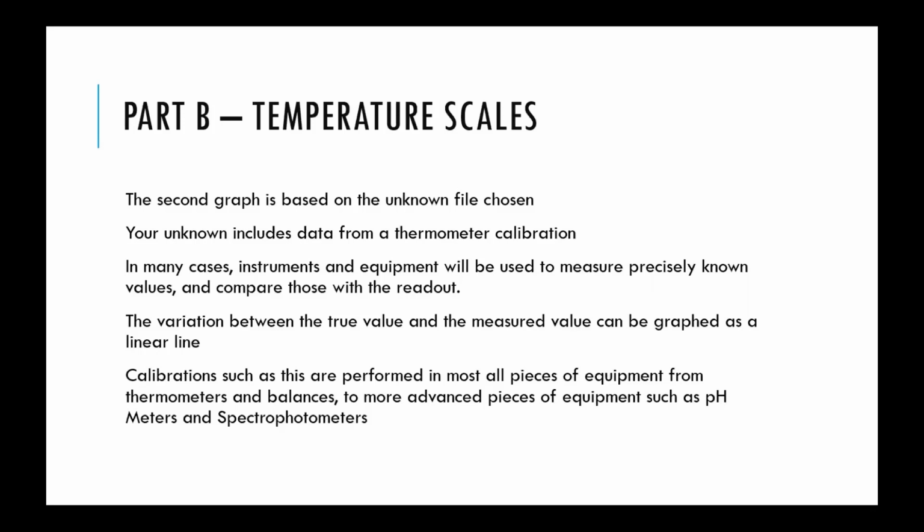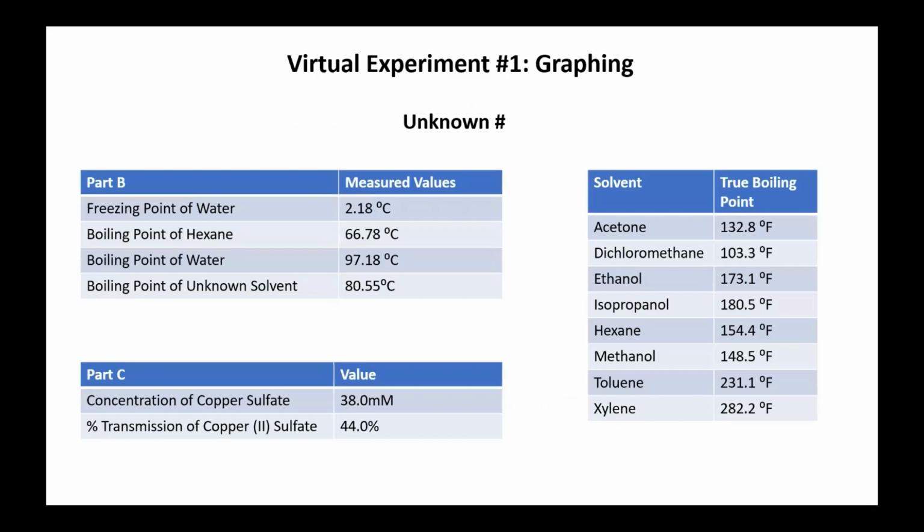You're going to choose one and record what your unknown number is. So the unknowns will look something like this. The individual files have, for Part B, the measured value of the freezing point of water, boiling point of hexane, and the boiling point of water. These are the temperatures that were measured using a thermometer in lab, but these are not the correct temperatures.